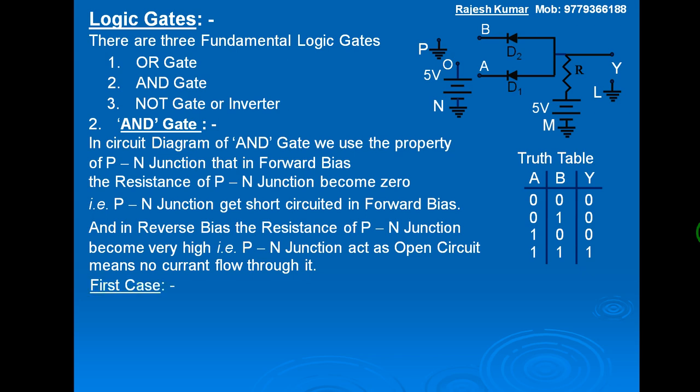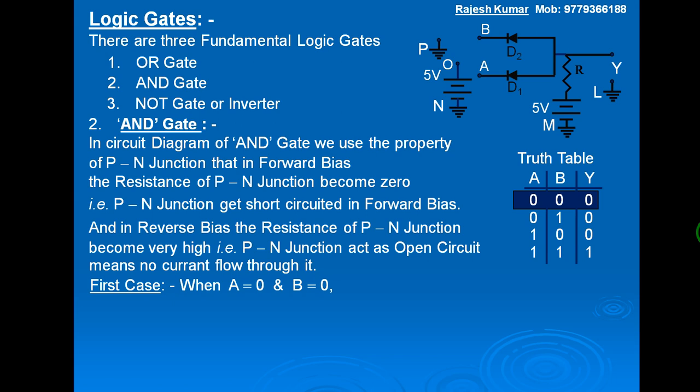Now, first case, when A is equal to 0 and B is equal to 0. Now we will prove the output Y is also 0.